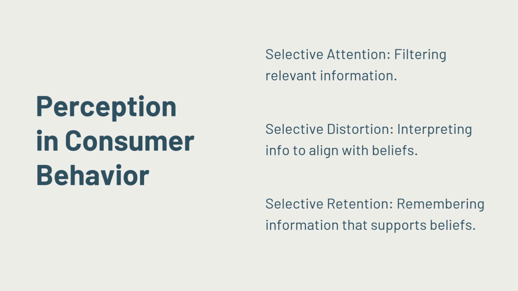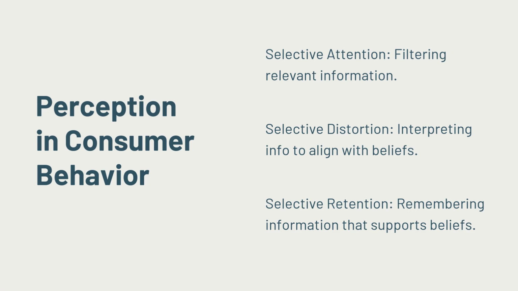Now, since consumers are exposed to thousands of marketing messages every day, they cannot consciously process all of them. Instead, the mind selectively pays attention to stimuli that are most relevant to it. For marketers, the challenge lies in breaking through the "clutter" and capturing the attention of consumers.